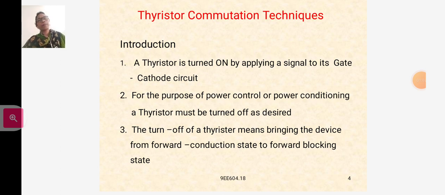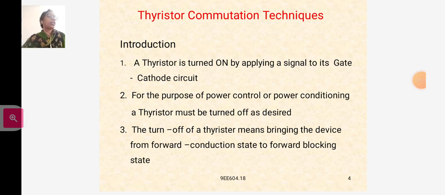Normally, commutation means current flowing from one circuit to another circuit, but in power electronics, it means the process of turning off the thyristors. When we want to turn off the thyristor, we can apply commutation.